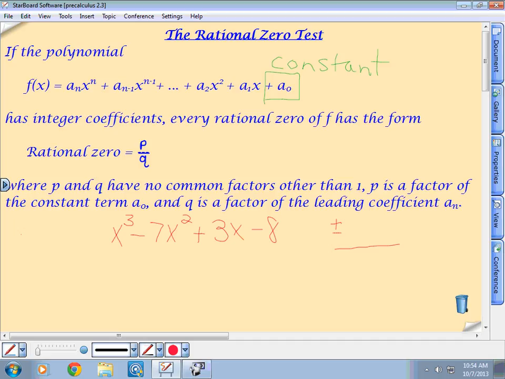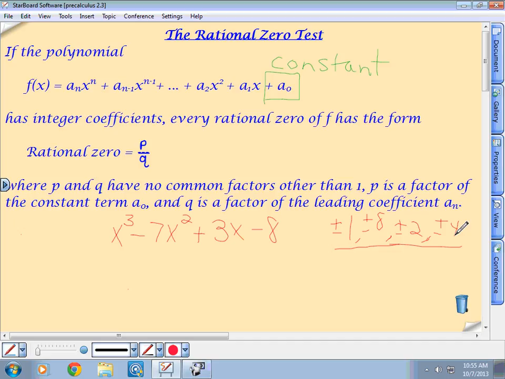Start with the easiest one. 1 and 8. What else? 2 and 4. Okay, so those are all the factors of 8. That's the p function. The p is all the factors of the constant term.